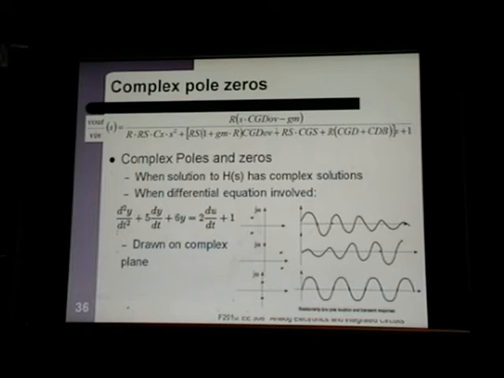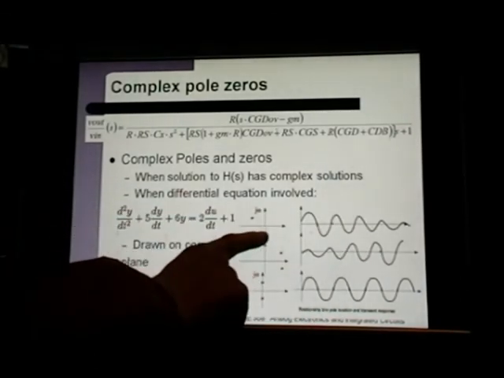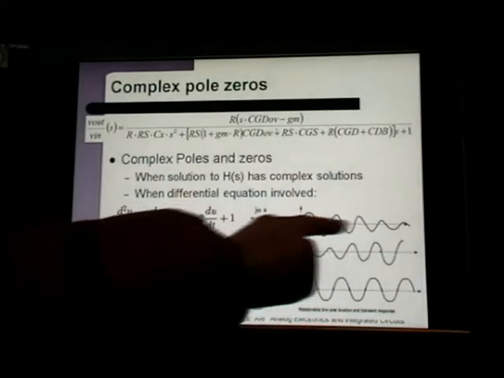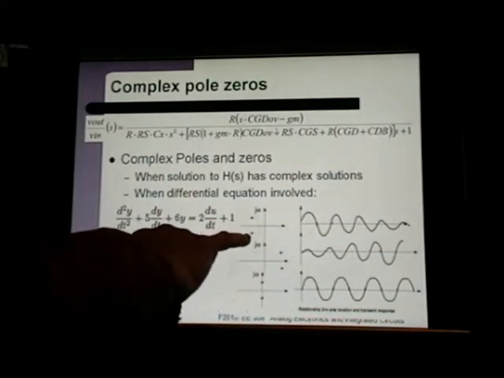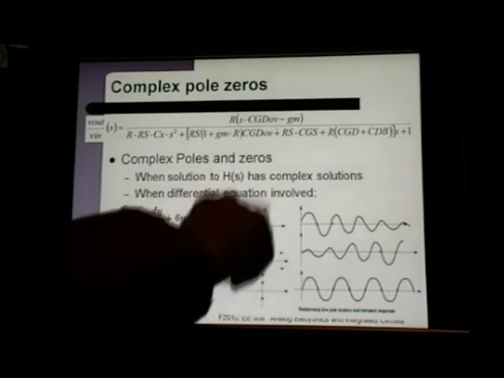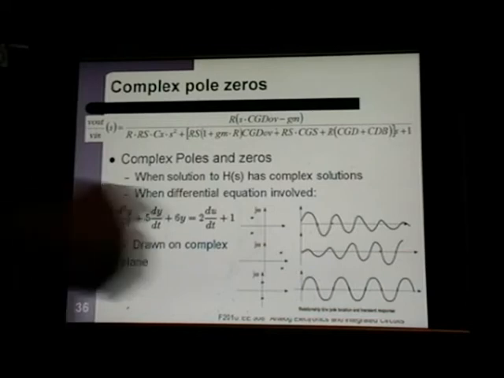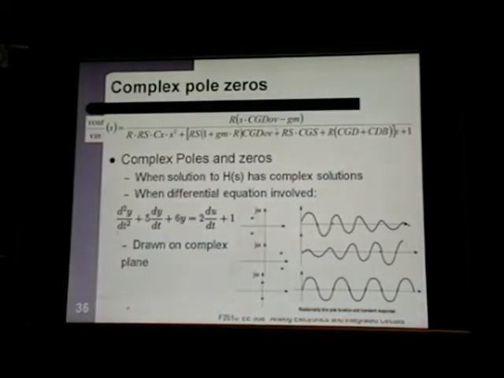That still is used, and when you plot it, instead of plotting it just across a line representing frequency, now you can have poles and zeros that are off the x-axis, and consider the y-axis as the imaginary axis and the x-axis as the real axis, and those can be plotted, and that's perfectly okay. These are three complex pairs.